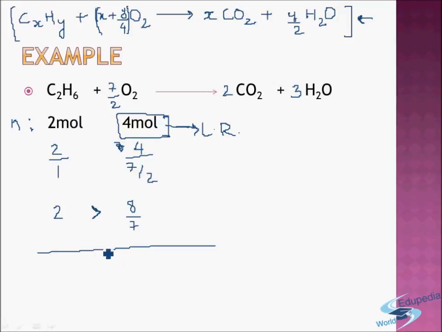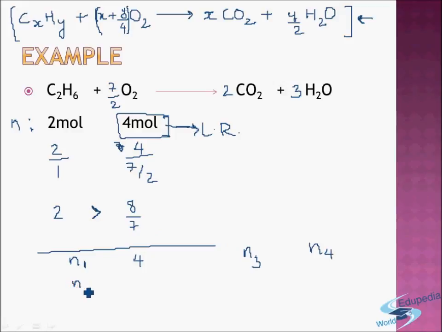Now my question becomes: I have 4 moles of oxygen. What is the amount of ethane which can completely burn in the presence of 4 moles of oxygen, and what is the amount of CO2 and the amount of water which will be formed? It's a simple stoichiometric problem.